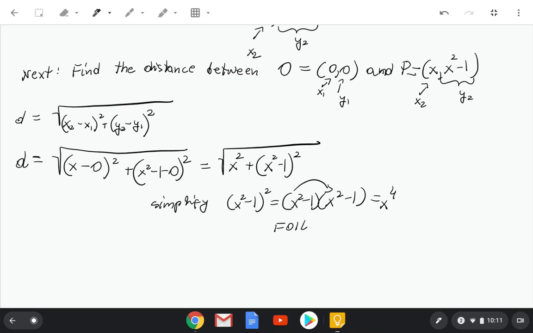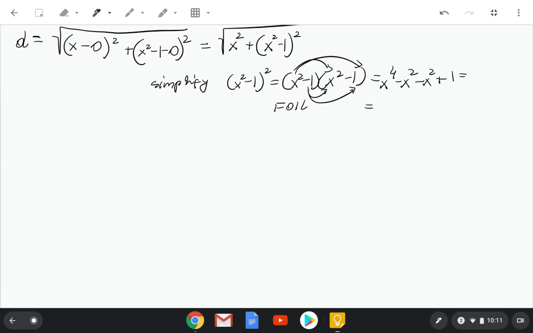Then you have x squared times negative 1, which is negative x squared. Then we have negative 1 times x squared, which is negative x squared. And negative 1 times negative 1, which is positive 1. So let's simplify that, and we're getting here x to the 4 minus 2x squared plus 1.